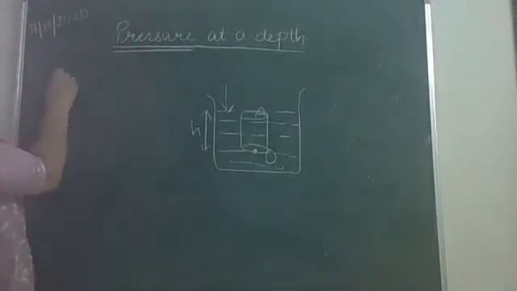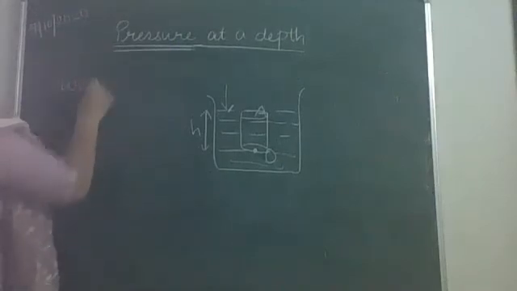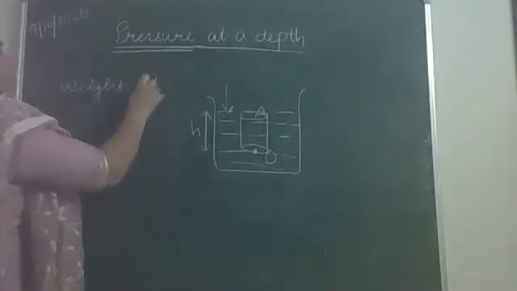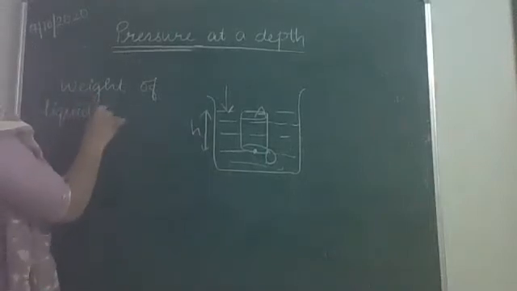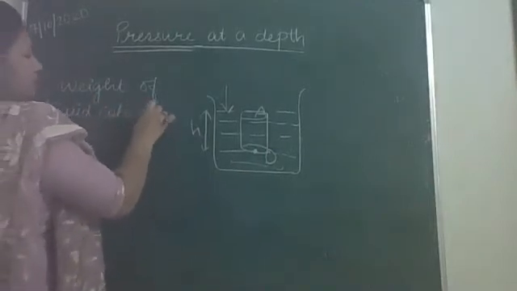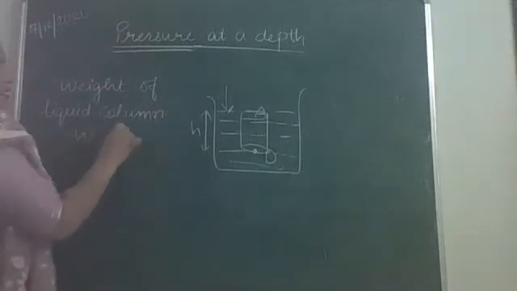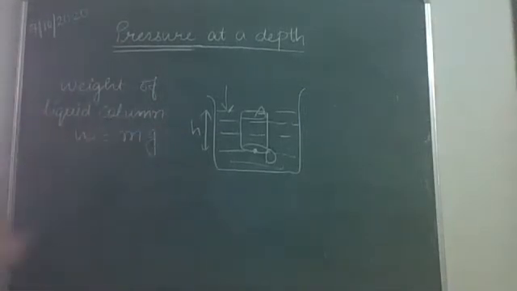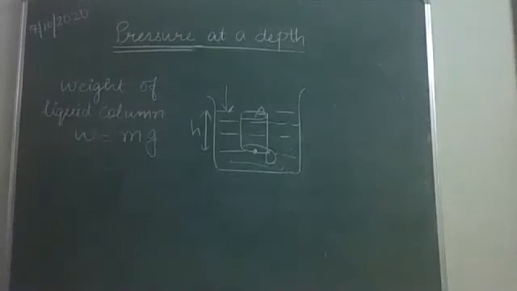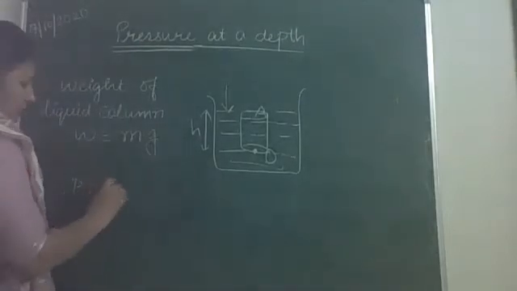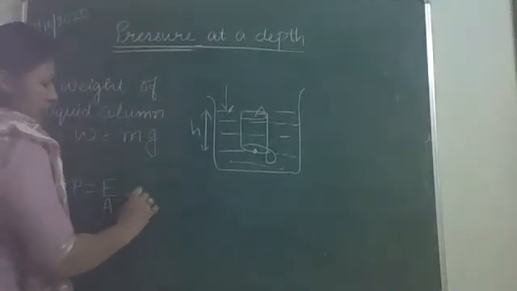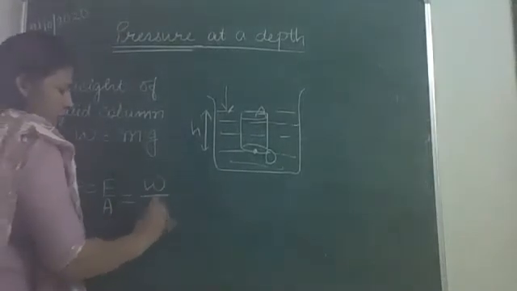Then how can we write the weight of this water column? Weight of the liquid column is mg. Pressure is force upon area, or pressure is this weight upon area in this case.